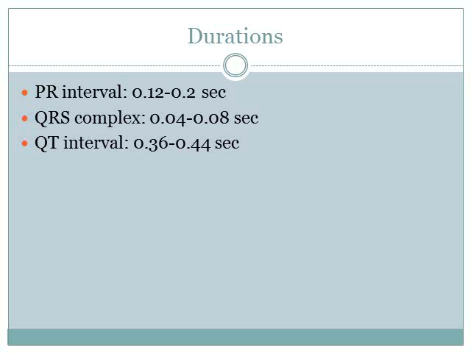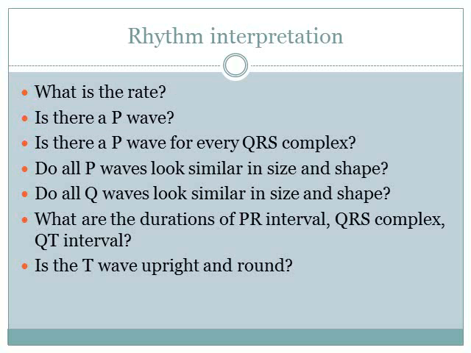The PR interval's usual duration is 0.12 to 0.2 seconds. For the QRS complex, 0.04 to 0.08, and the QT interval is usually between 0.36 and 0.44 seconds. This is something that you will need to remember.